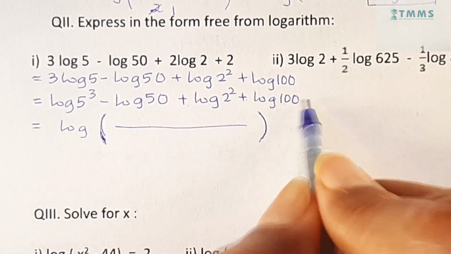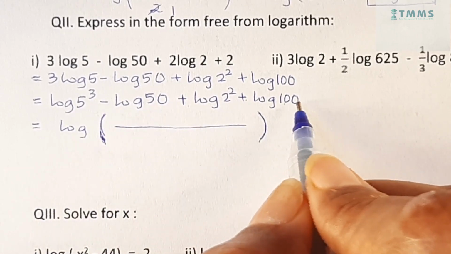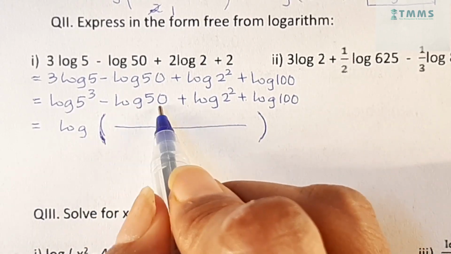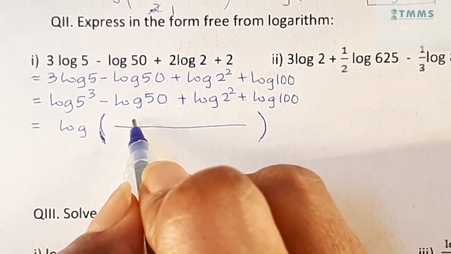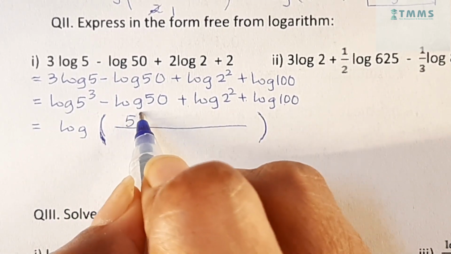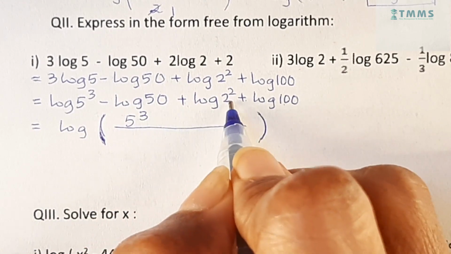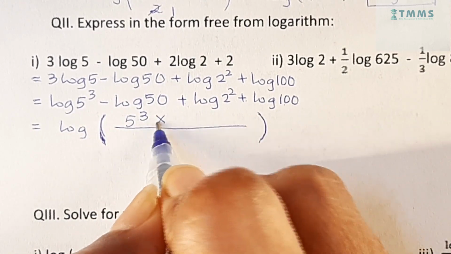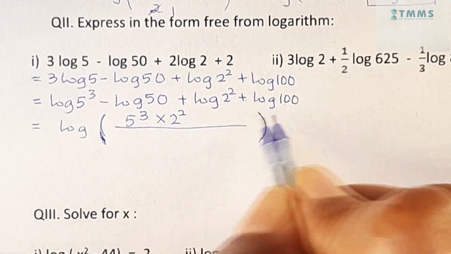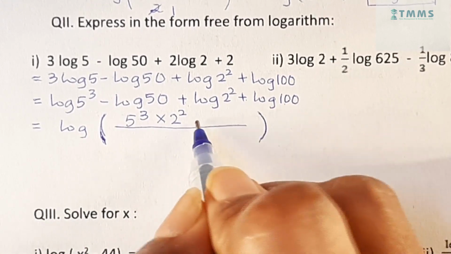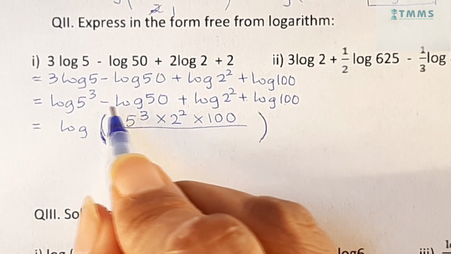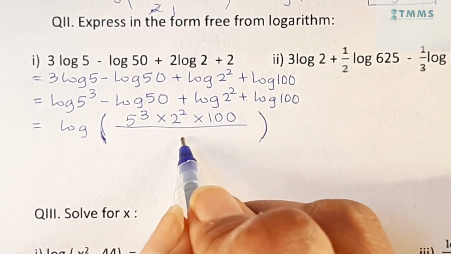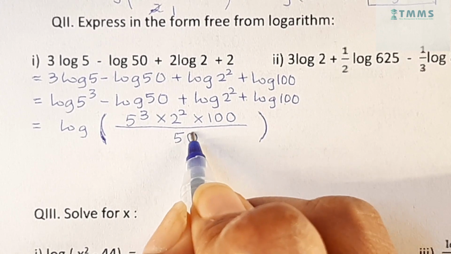Any log that is added, the number will be multiplying, and any log that is subtracted, the number will be dividing. So what will be in the numerator? 5 cube. Then this is plus log, so you will multiply this number 2 square, and this also plus log, so you'll multiply by 100, and this is minus log, so this 50 is going to divide.